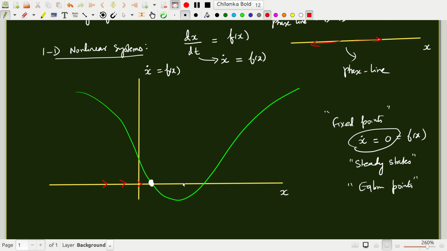Now if I consider any initial condition to this side of this fixed point, then dx dt is negative, so x will decrease with time. So all initial conditions to the immediate right of the fixed point will flow towards the fixed point, and similarly all initial conditions to the left of the fixed point will also go towards the fixed point. So this fixed point is called a stable fixed point.